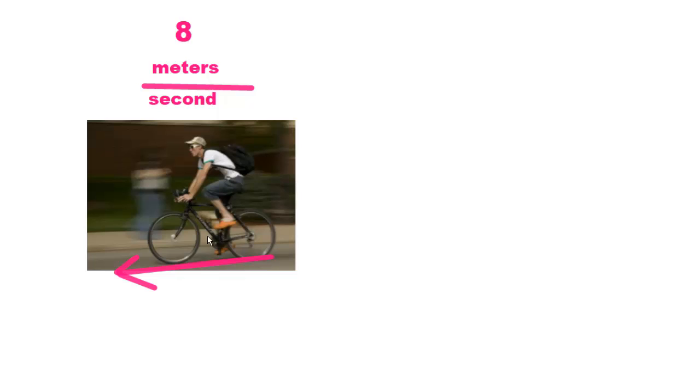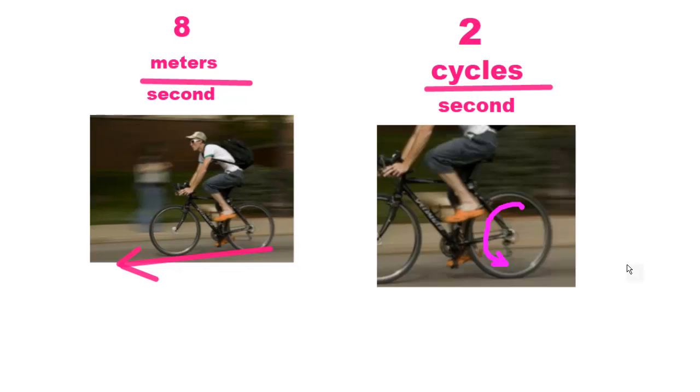So velocity is like a guy on a bike riding forward, right, in meters per second. He can move forward at 8 meters per second of speed. But also at the same time, there's another sort of speed going on. That is his pedaling, or actually the speed of the wheels rotating in cycles, right? This is why it's called a bicycle, because it's got 2 cycles on it, a wheel in the front and a wheel in the back.